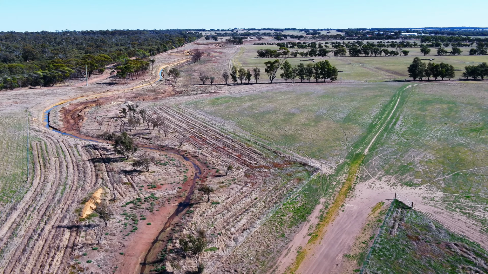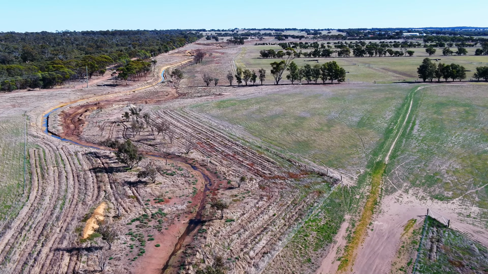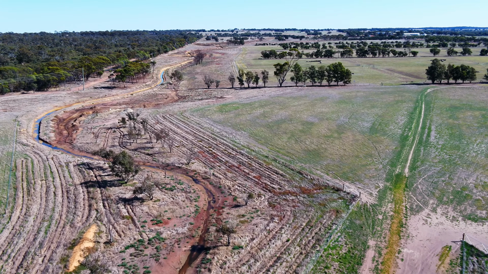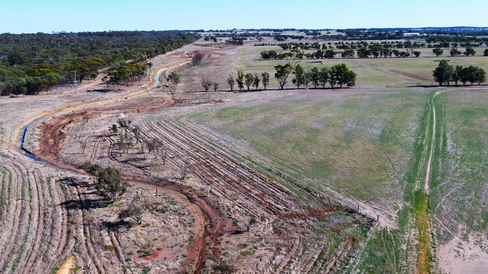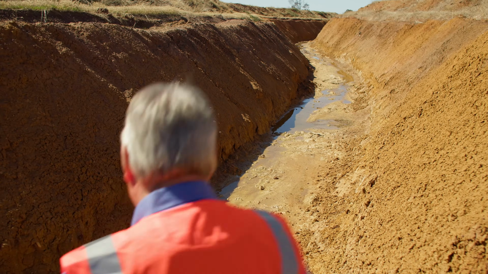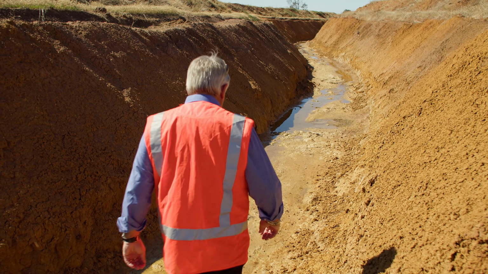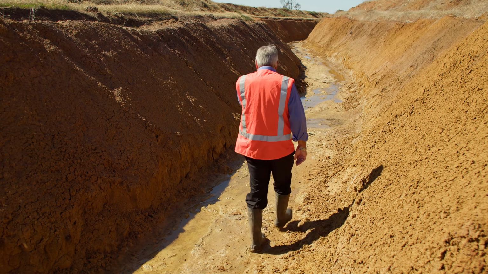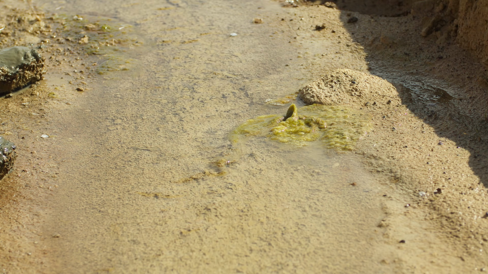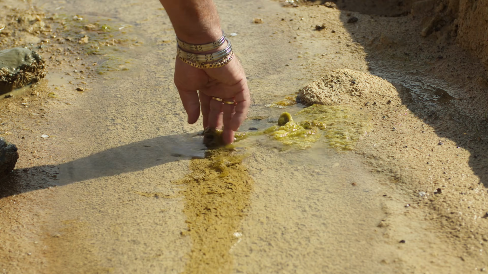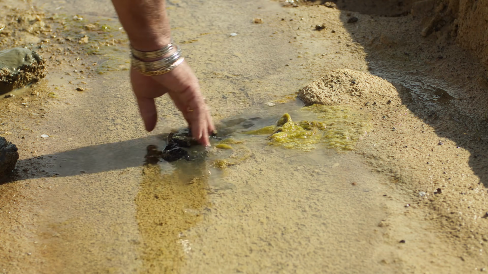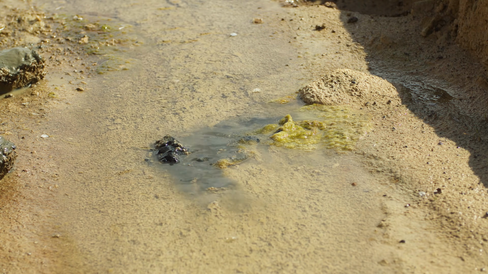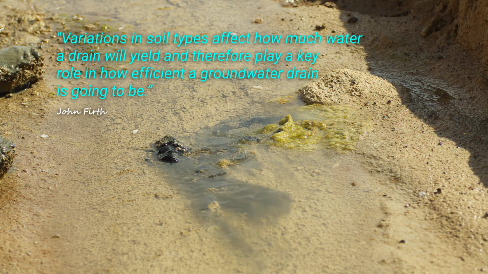When it comes to the discharge flow from groundwater drains, a lot of people have the perception that a lot of water is going to flow out of the drains. In reality, because the soils encountered don't like to yield very much water, the flow of water out of a drain can be quite low, it can be quite shallow, and it can appear as just a gentle trickle flowing down the drain.